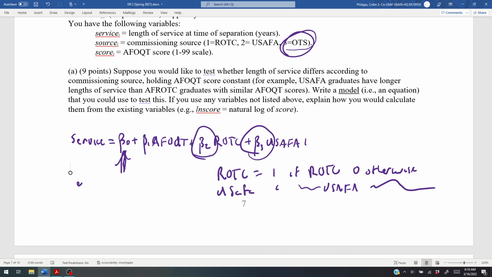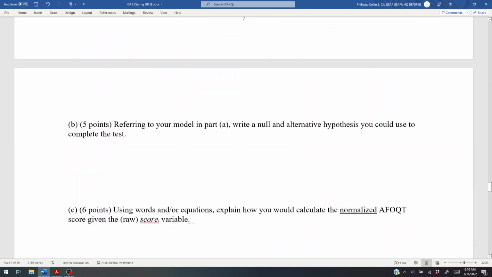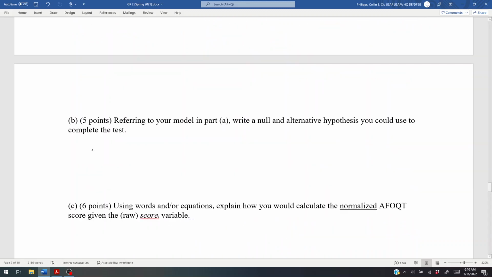So beta 2 and beta 3 need to be 0. That's what I'm going to do. Null hypothesis: under my null hypothesis, beta 2 is equal to beta 3 is equal to 0.